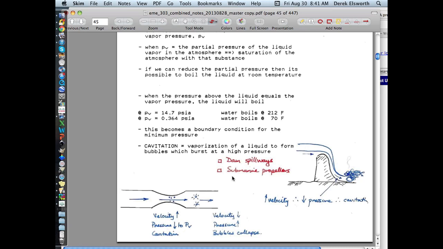And of course, if you look at modern-day nuclear submarines versus, say, World War II submarines, the propellers on the backs of those are very different. On World War II submarines, they're tiny little propellers. They spin very quickly, and they make lots of bubbles because the fluid passes very quickly over the top of them, and it cavitates. It fails in tension, and it makes little bubbles that burst, and you can hear those bubbles.